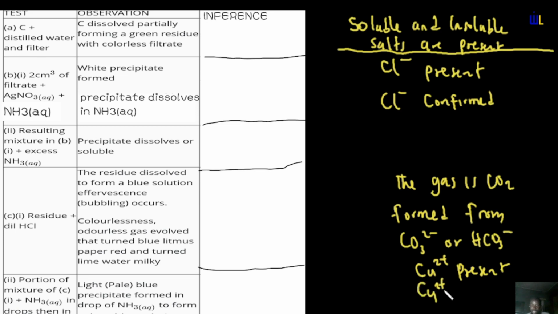You can write copper is confirmed because ammonia can be used for confirmatory tests. You get what I'm saying? However, sodium hydroxide is not going to be used for confirmatory tests. So just have that in mind. You can review this study as many times as possible and try to put these things to head. Major things you should note is that when you're using NaOH or ammonia, you are testing for a cation.